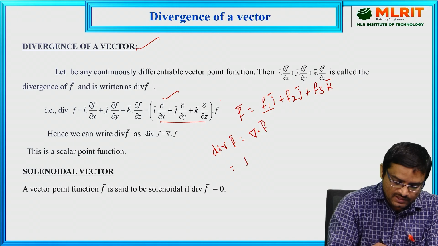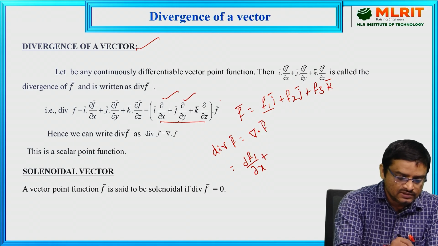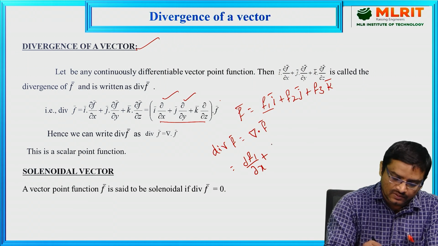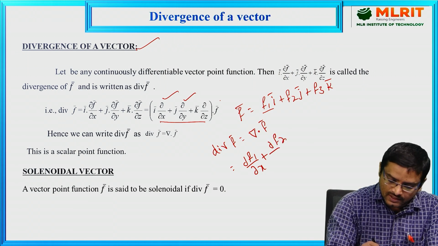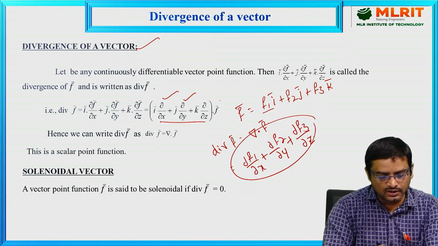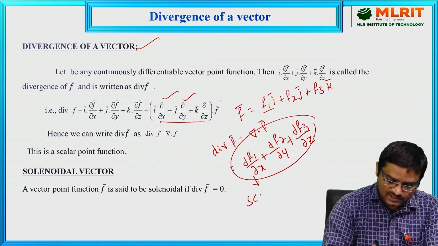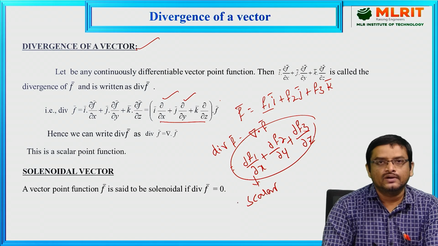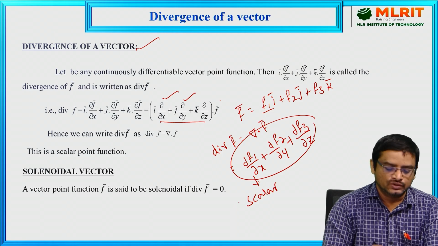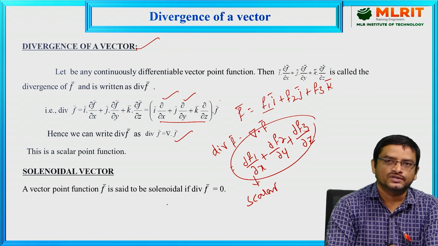So this can be written as dou f1 by dou x, plus similarly the j bar coefficients, dou f2 by dou y, plus dou f3 by dou z. After applying the dot product between the two vectors, the resultant value is always a scalar. So this is given by dou f1 by dou x plus dou f2 by dou y plus dou f3 by dou z. This we consider as the divergence of the vector point function.